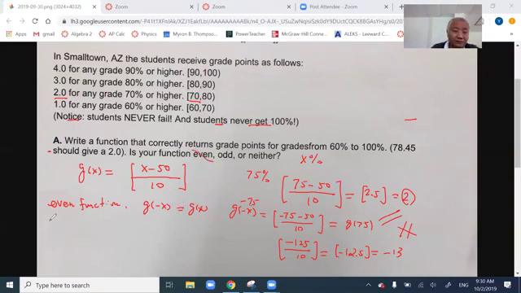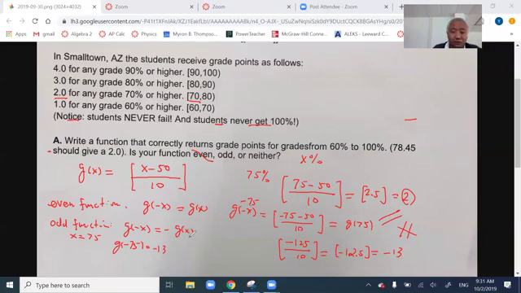So what's the definition of an odd function? An odd function means g of negative x equals negative g of x. Let's check, taking x equals 75. G of negative 75, we already found, equals negative 13.